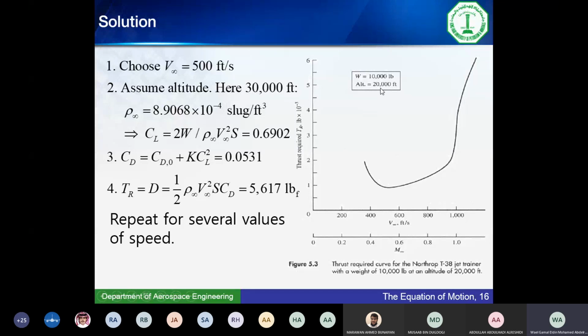At 20,000 feet, the thrust required to fly straight and level is more than at 30,000 feet. Why is that? Because of the air density. Air density increases the drag. It's as simple as this. So if you want to save fuel, the aircraft should go higher to reduce thrust during the longest phase of the flight, which is the cruise phase. Okay, great.